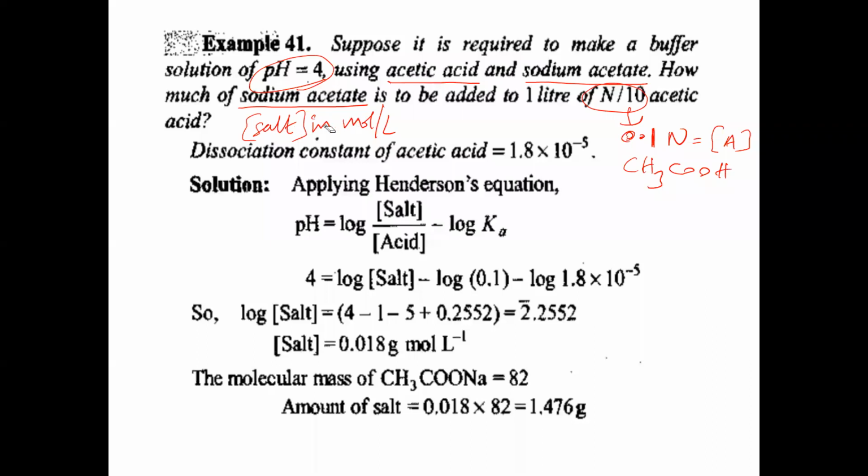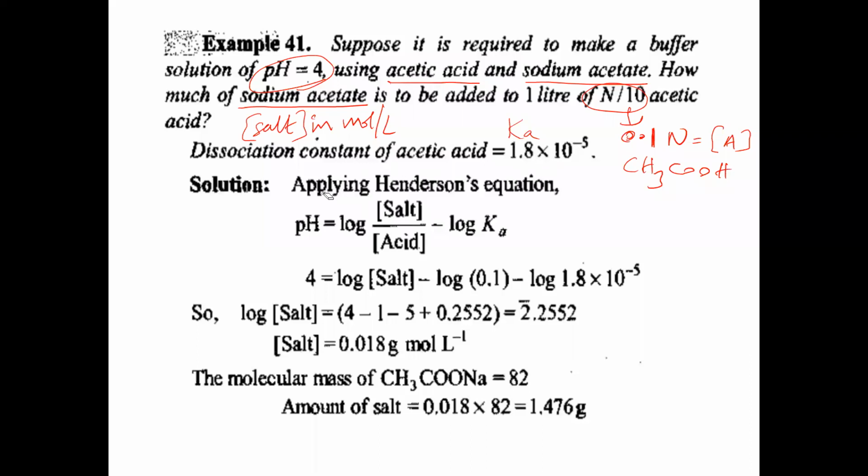So salt concentration in moles per liter and concentration of acid is given and pH of acid buffer is given. Okay, and dissociation constant of acetic acid, that is Ka. Ka value of acetic acid is given 1.8 into 10 power minus 5.